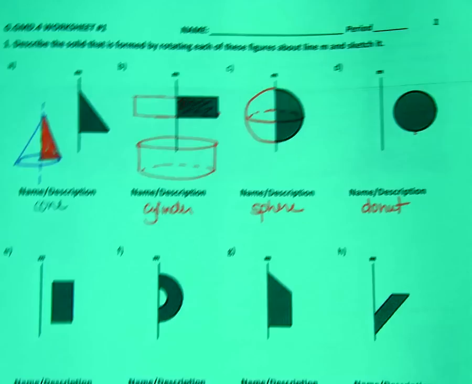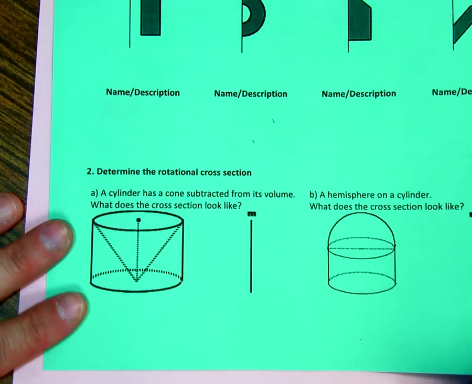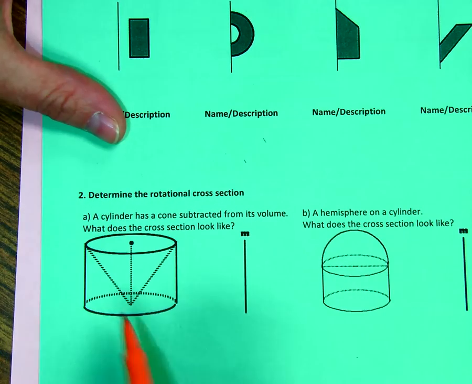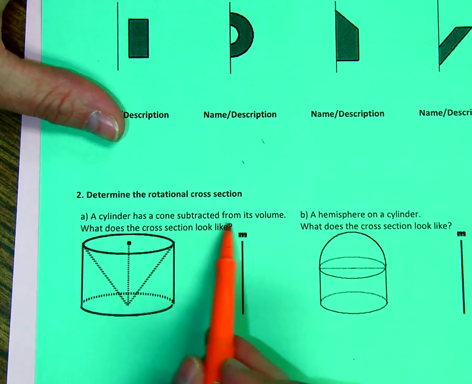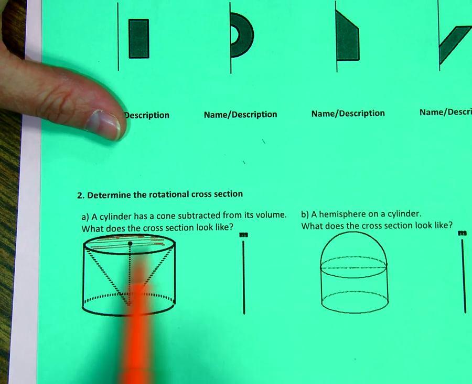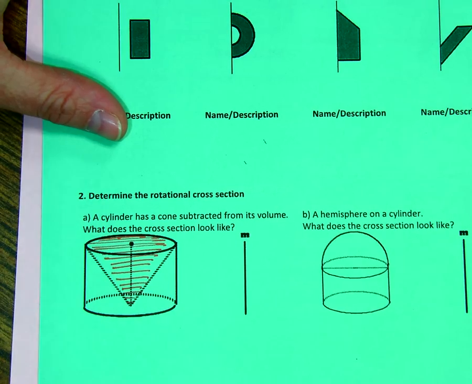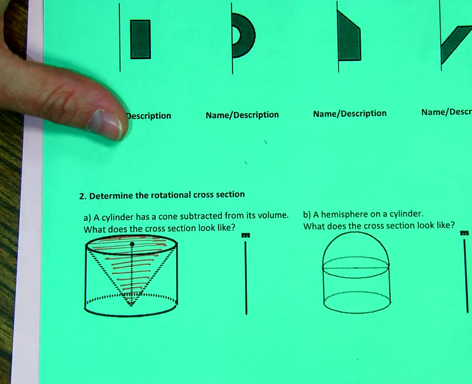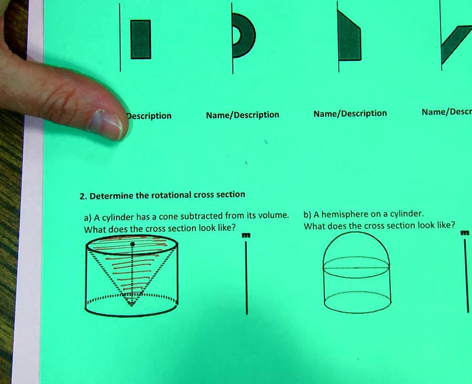Okay, so we are going to go down here. So we have a cylinder, but it has a cone subtracted from its volume. So that means this cone really isn't there. So what shape would I have to have in order to create this figure?